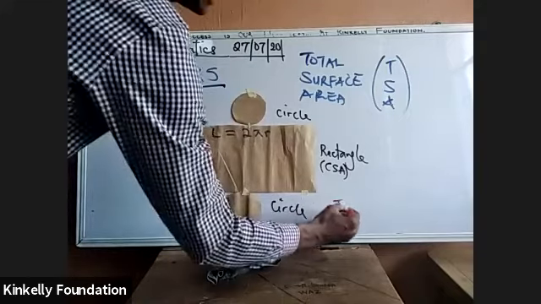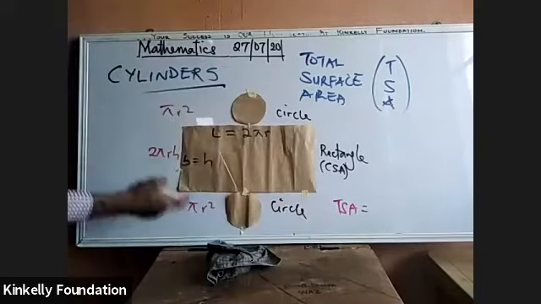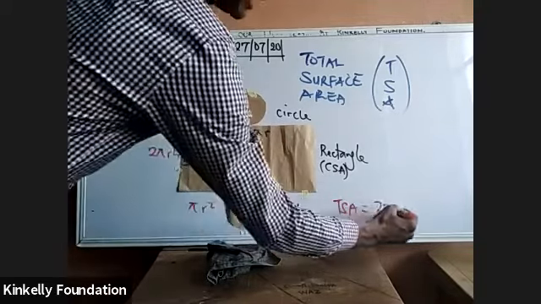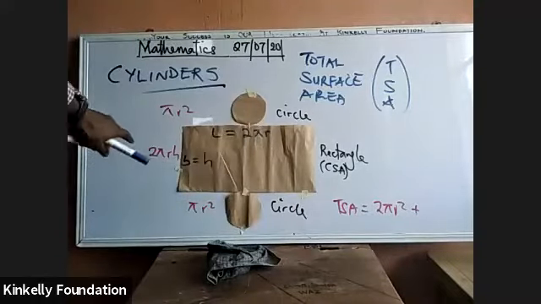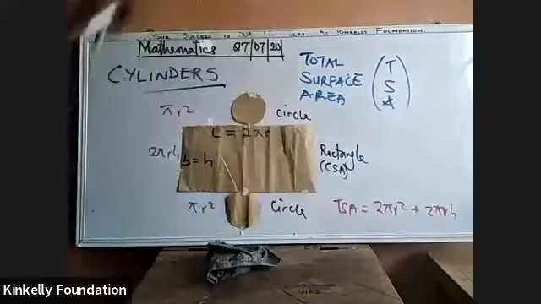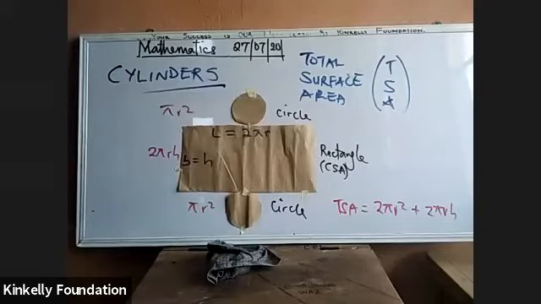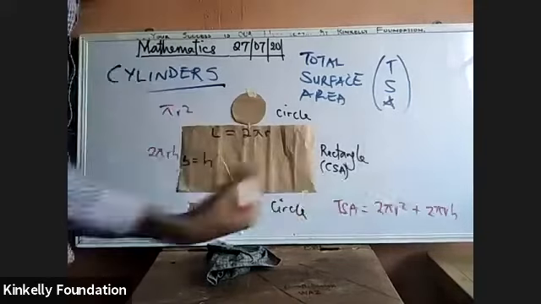The TSA equals 2 circles, which is 2 pi r square, plus this one, which is 2 pi r h. They have common factors, so you can factor them out.